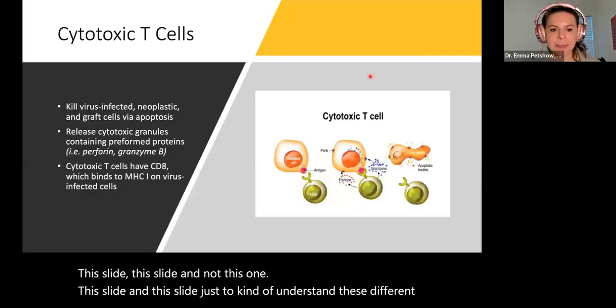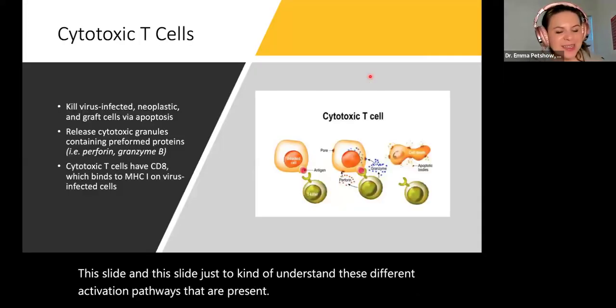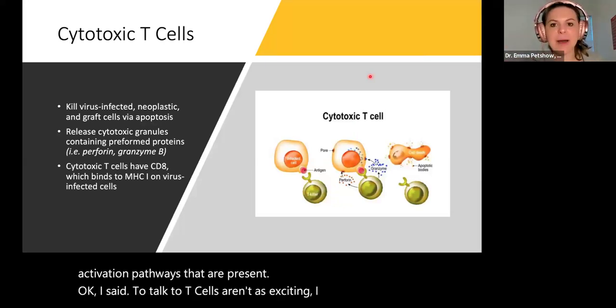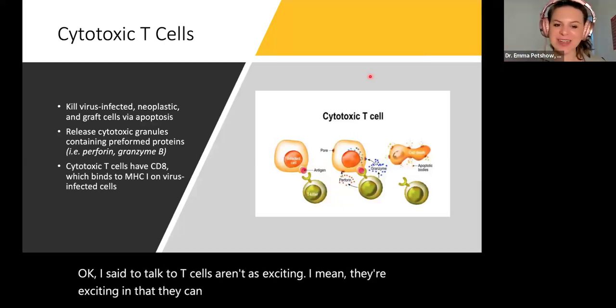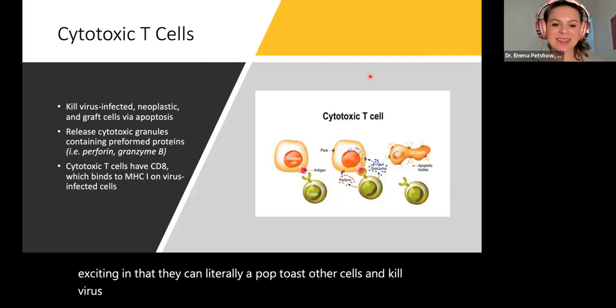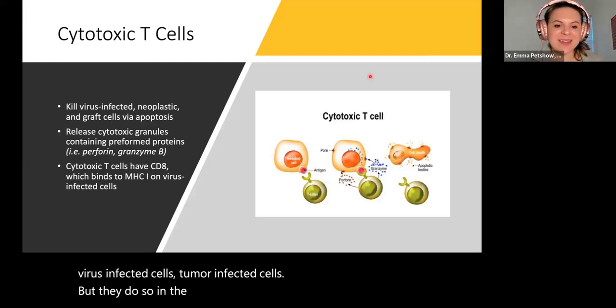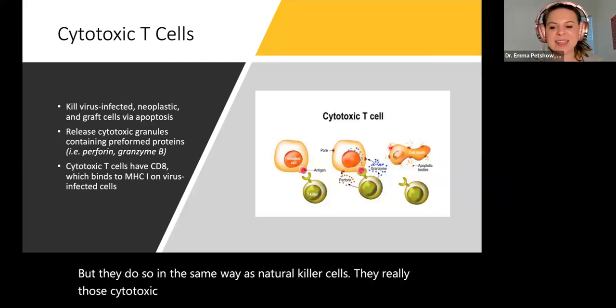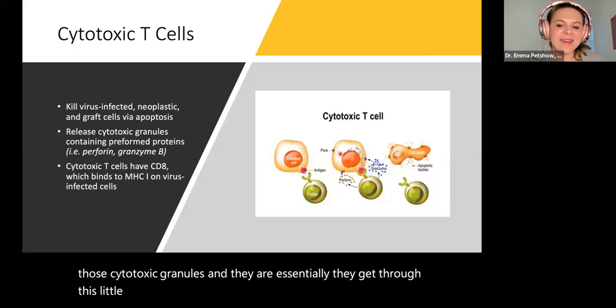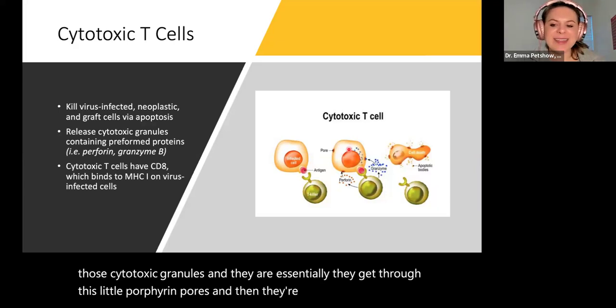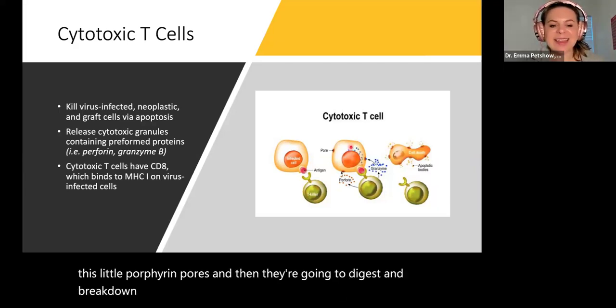Okay, our cytotoxic T cells aren't as exciting. I mean, they're exciting in that they can literally apoptose other cells and kill virus-infected cells and tumor cells, but they do so in the same way as natural killer cells. They release those cytotoxic granules, which get through these little pores, and then they're going to digest and break down that cell from within, and then the cell apoptoses and dies.